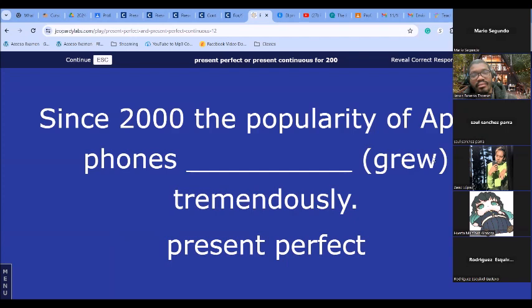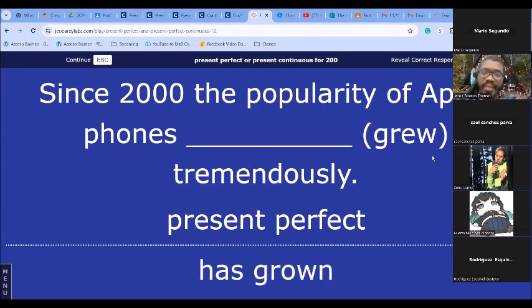grew. Right? How do we change this one? Have grown. When have been growing generally is acceptable, but when we talk about our ranges, we can choose if we're talking about the range or the continuity, right?